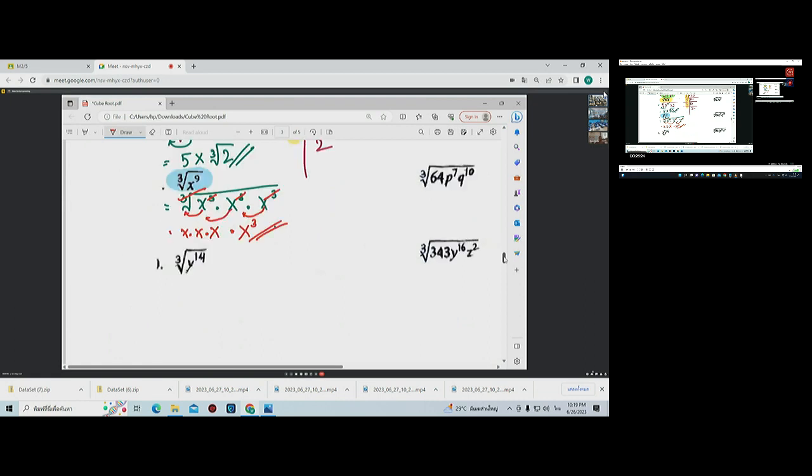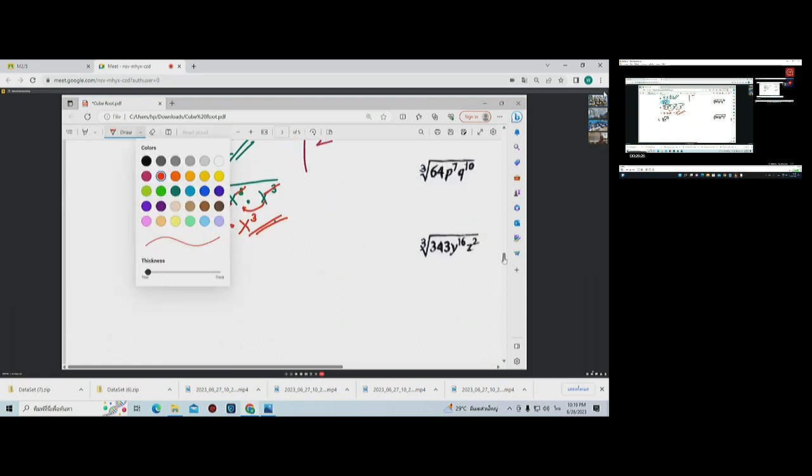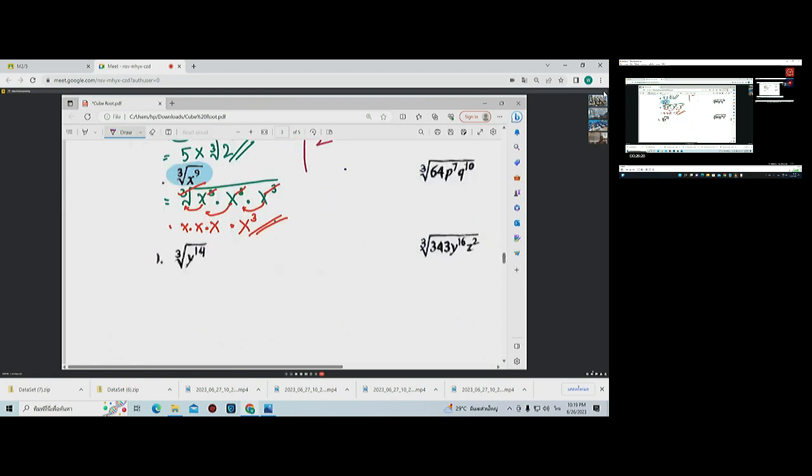Okay, if you understand, let me show you the other question at the same time. So this is cube root of y power 14. Yes? So extend the y power 14 with y cube times y cube times y cube times y cube times y how many?